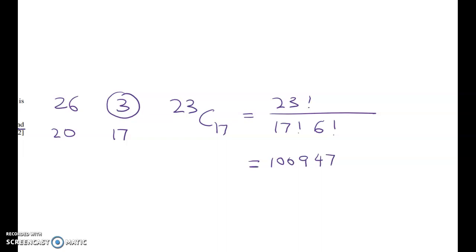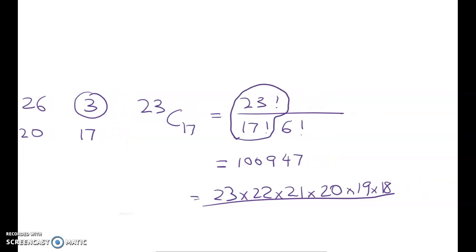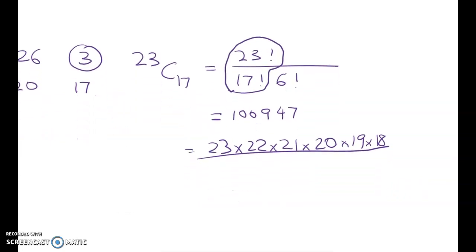So what we've got here is 23 times 22 times 21 times 20 times 19 times 18. Now that's as far as I have to go because these 2 things here have a lot of common factors, right? So when you're looking at combinations, we can get rid of many, many terms before we even start. As I said, it is completely fine for you to get that number out of your calculator.